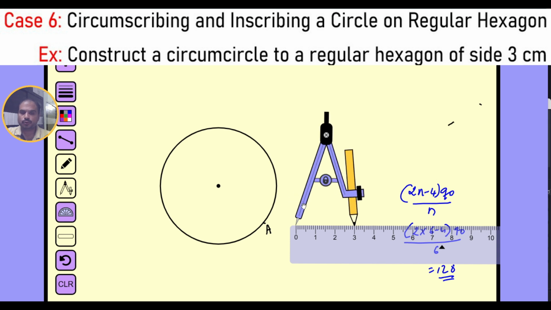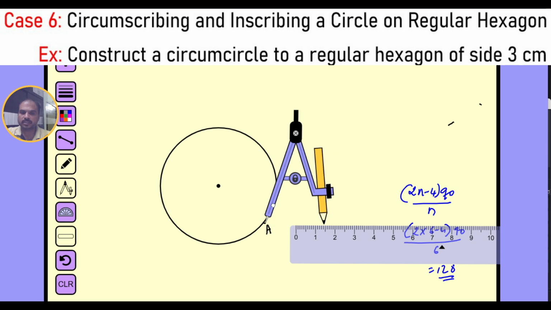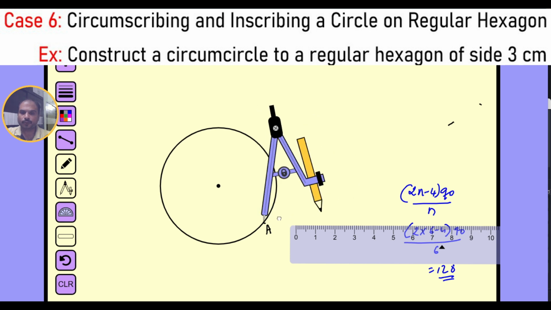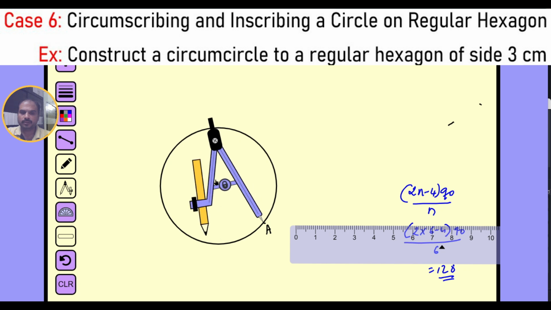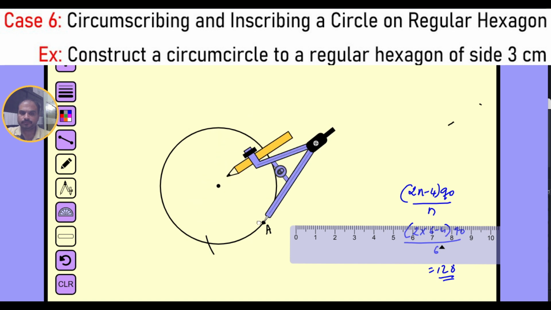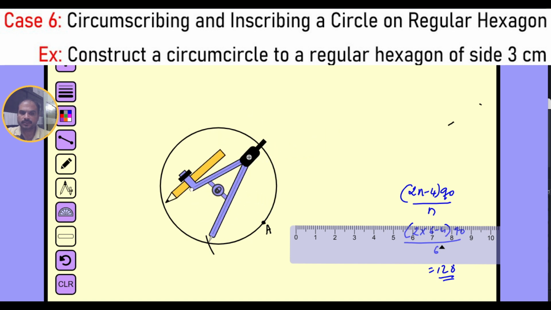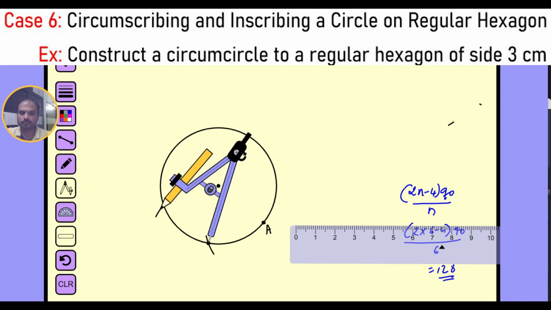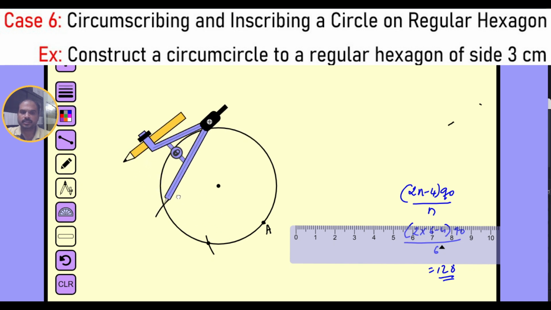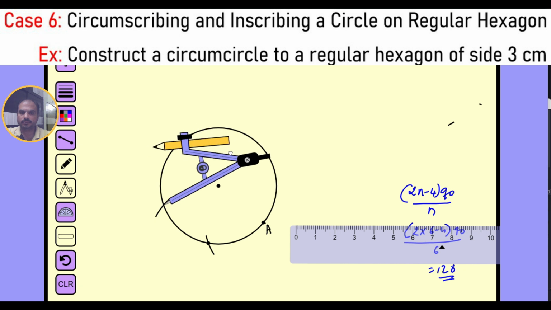Now what you're supposed to do, keep on cutting the circumcircle at different points. This is one point, then this is the second one, then this is the third one.